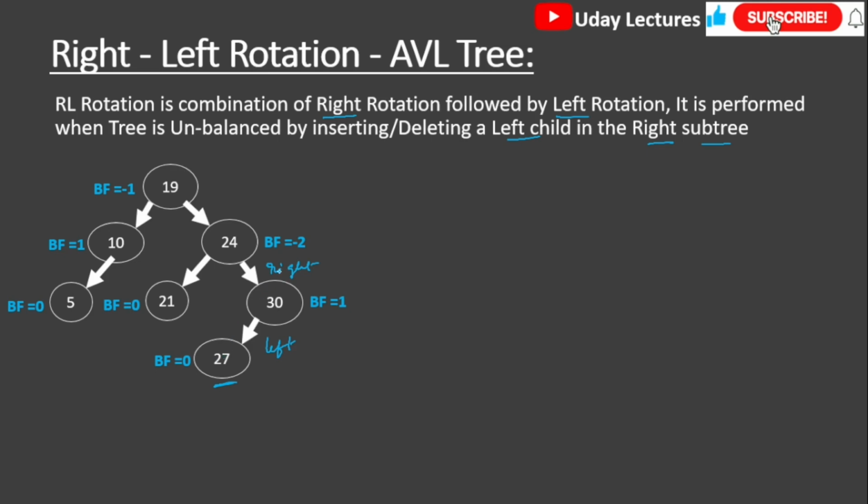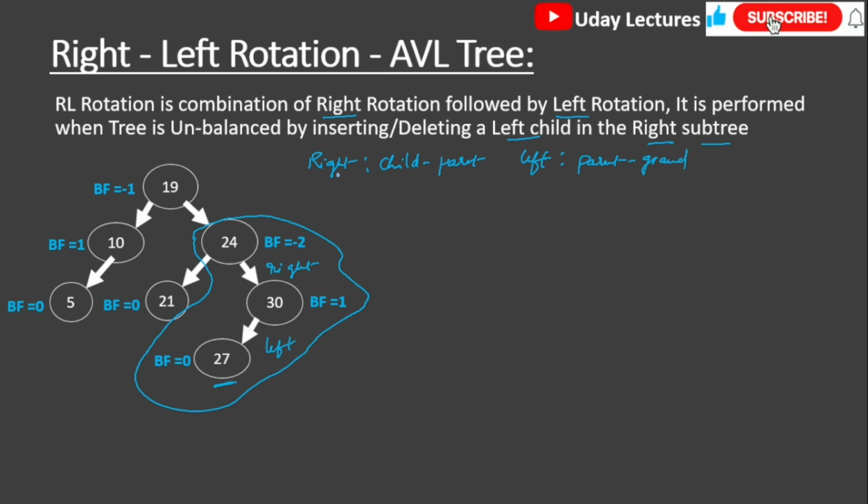Because of inserting 27, the balance factor for this node is impacted, and that is why we should be performing rotation in this particular subtree. Similar to the left right rotation, it is also a combination rotation. First we perform a right rotation between the child node and parent node, and then we perform a left rotation between parent and grandparent.